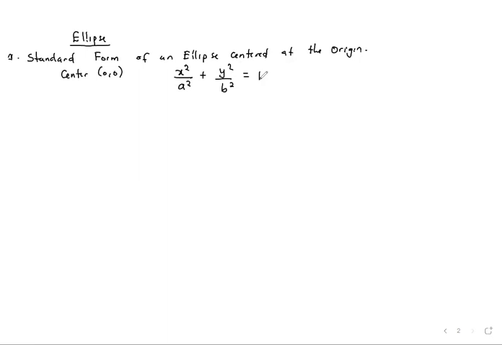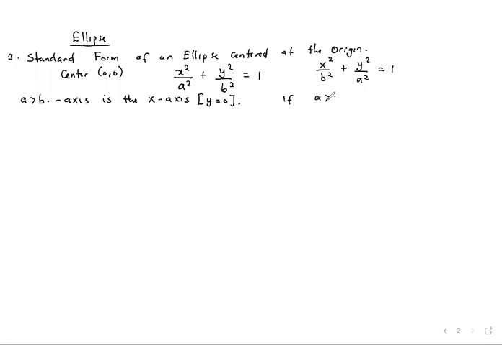If you have this form, then if a is greater than b, the axis is the x-axis, which is the line y is equal to 0. But it's either sitting like this, or you have x squared over b squared plus y squared over a squared is equal to 1.